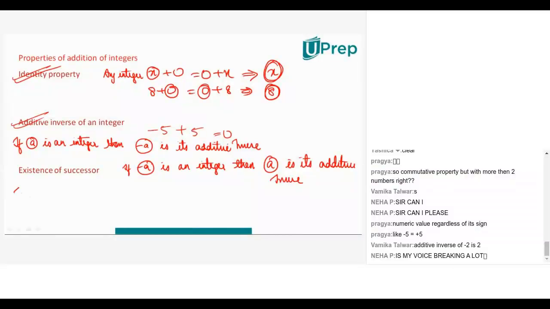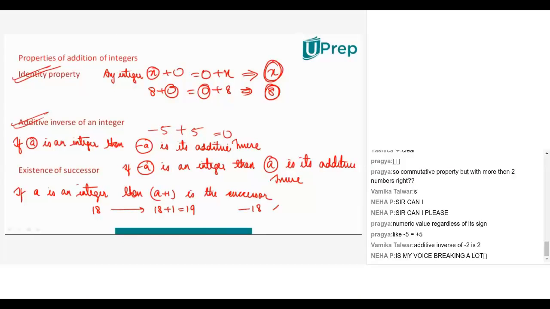Now Yashika, answer this. If minus 18 is the integer, what is the successor? Then it's minus 17. Exactly. When I have the number line, say I have minus 18, plus 1 is 1 to the right, it would be minus 17. Are you guys clear with the existence of successor?